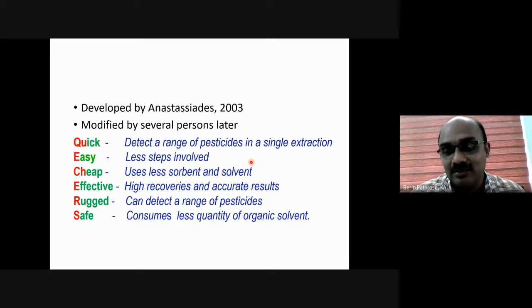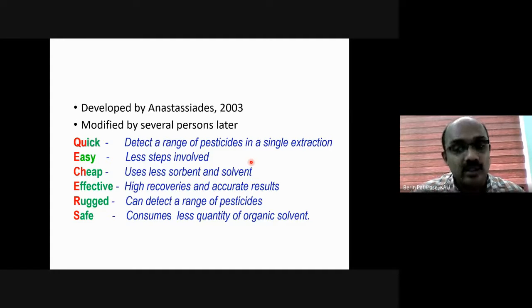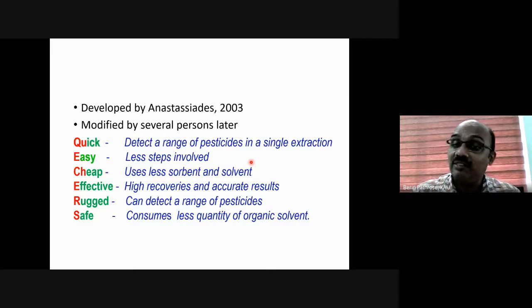It doesn't affect the results. The original QuEChERS method given by Anastassiades uses acetonitrile as the solvent, but in our lab we use ethyl acetate. Even then, with the major solvent component changed, it will give very good results.